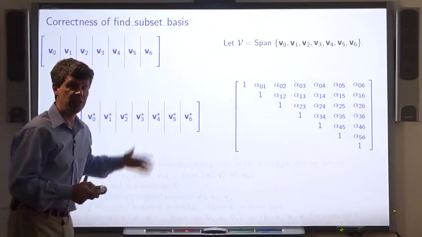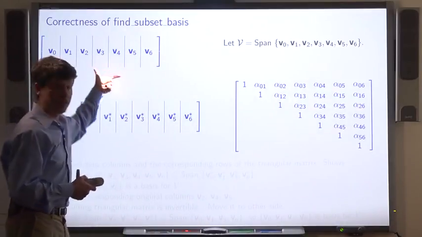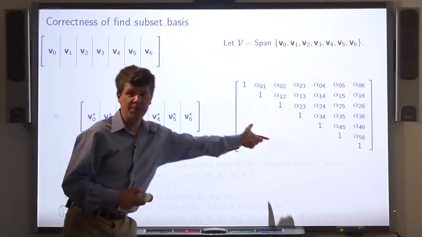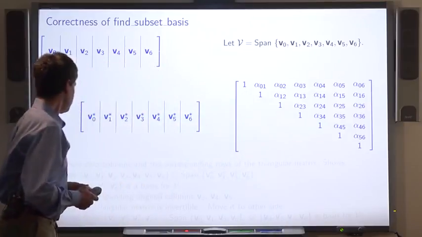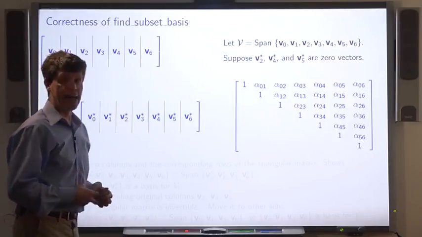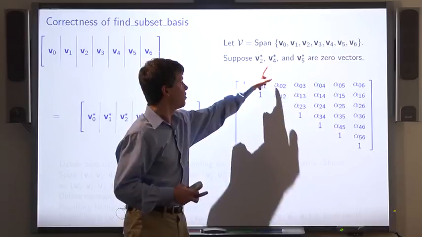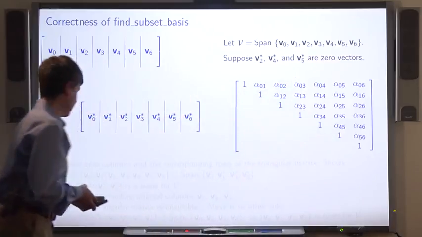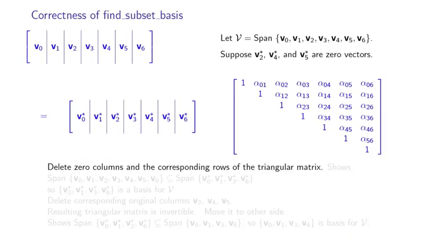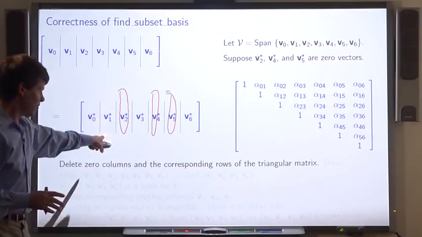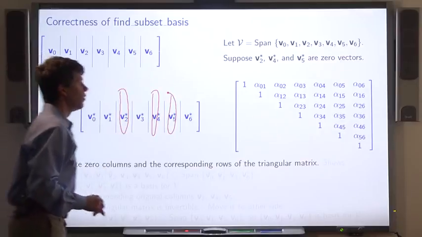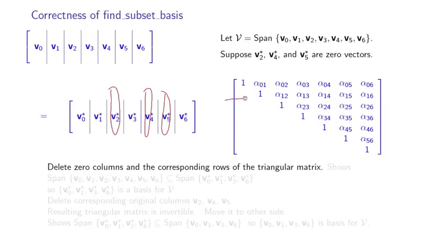Here's the matrix equation in which we write those vectors in terms of the starred versions times the invertible upper triangular matrix. And let's suppose, as before, that v2 star, v4 star, and v5 star are 0 vectors. Well, let's delete those vectors. So this is 0, this is 0, and this is 0. So we're going to delete those columns from this matrix and delete the corresponding rows from the triangular matrix.